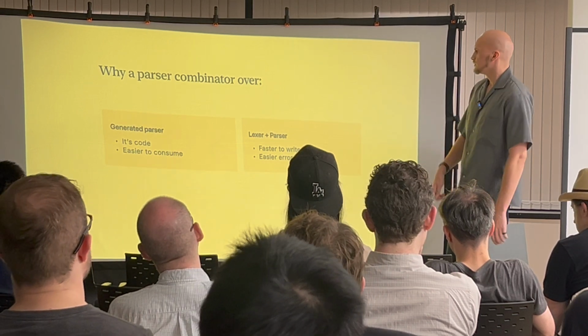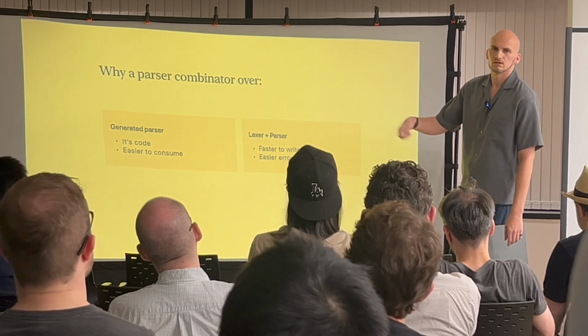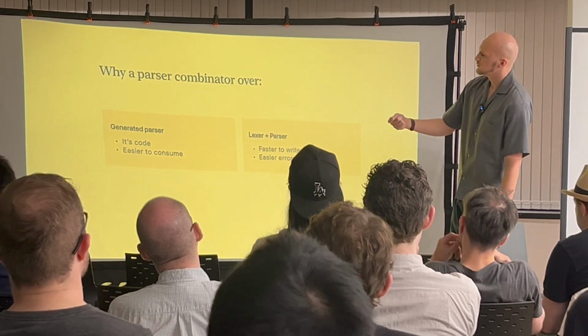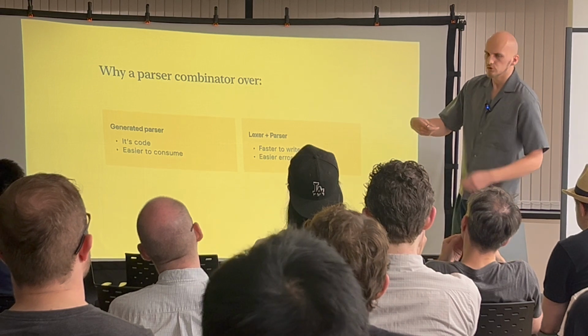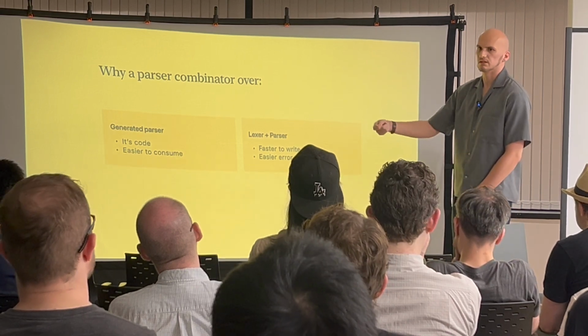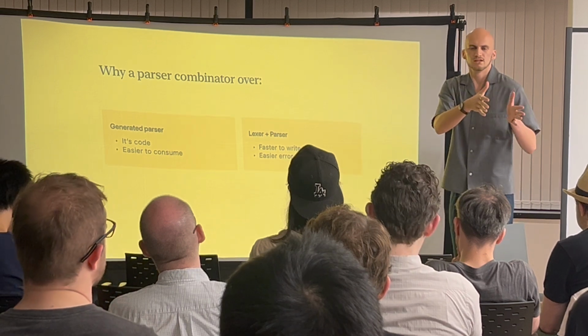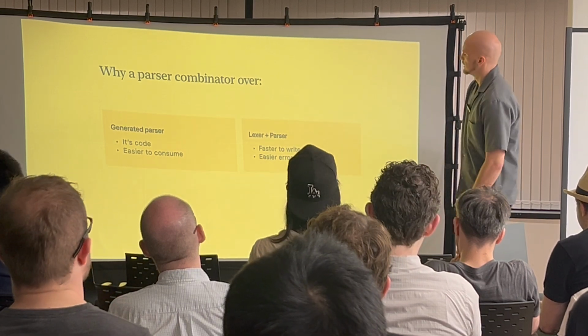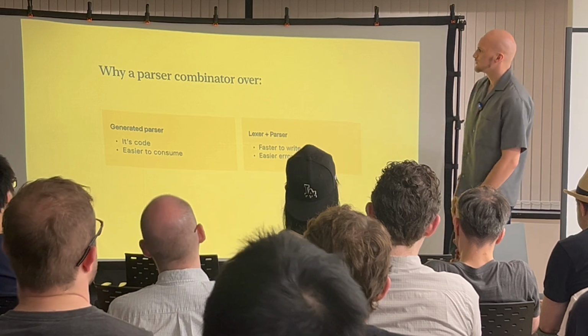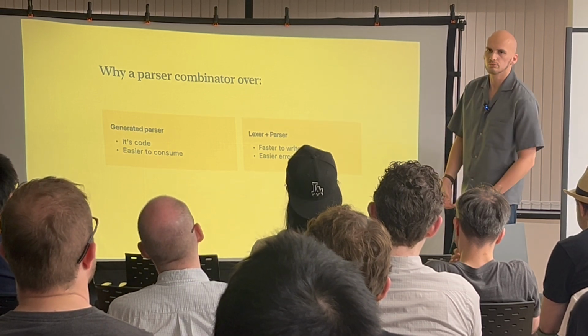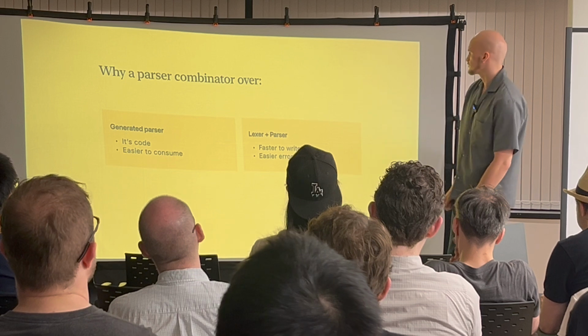And because generated parsers generate code, you have generated data structures as well, so you'll probably have an extra step of converting those data structures into your own, which we don't have with parser combinators because we build our data structures from the start.